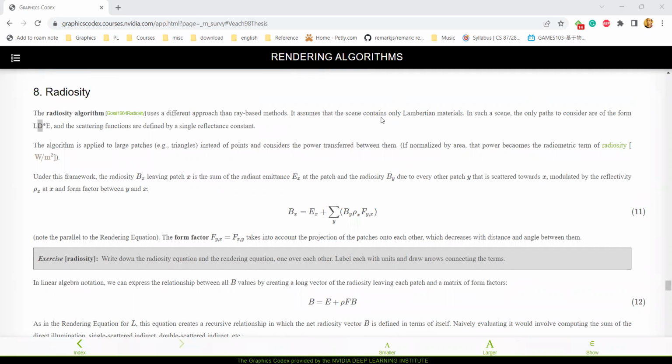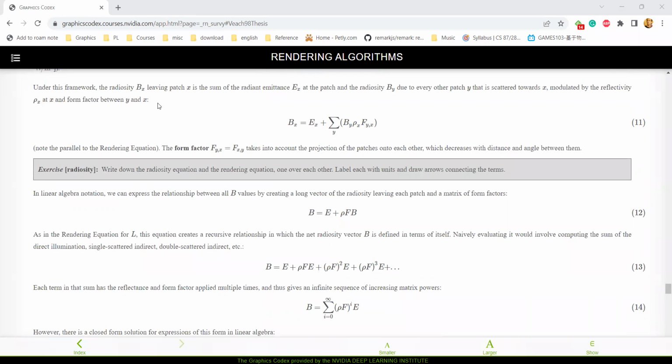The algorithm is applied to large patches. Under this framework, the radiosity B(x) leaving patch X is the sum of the radiant emittance E(x) at the patch and the radiosity B(y) due to every other patch Y that is scattered toward X, modulated by the reflectivity rho(x) at X and the form factor between Y and X. What is the form factor?